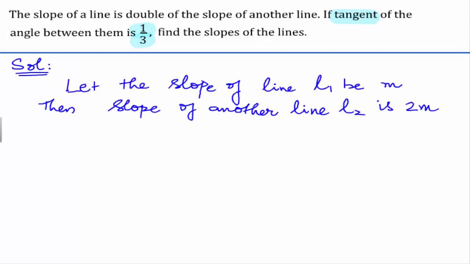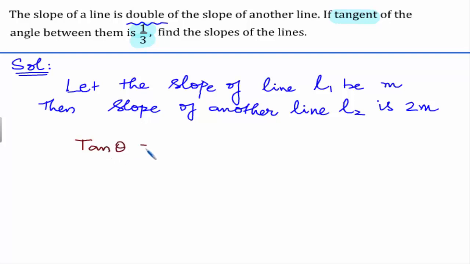Now let us assume the slope of the line L1. There are 2 lines here, L1 and L2, and the slope of the line L1 is assumed as m. Then the slope of the other line L2 will be 2m, because it is double. Now given that the tangent of the angle between them is 1/3, so let us write the formula here.